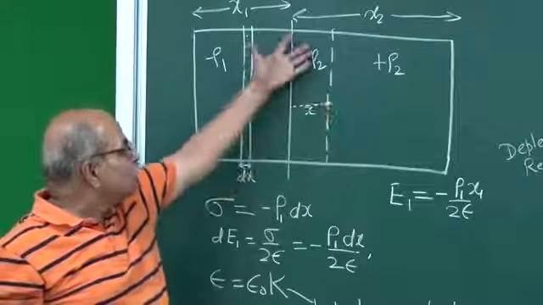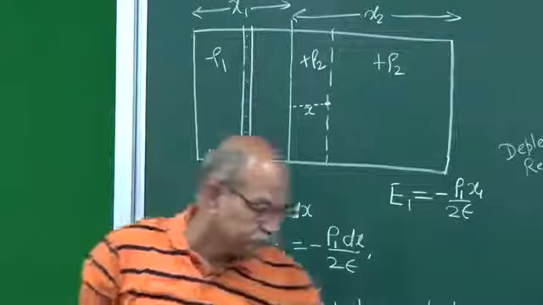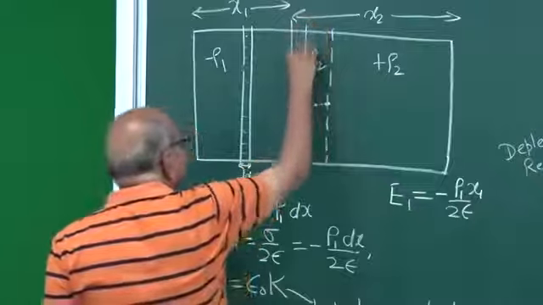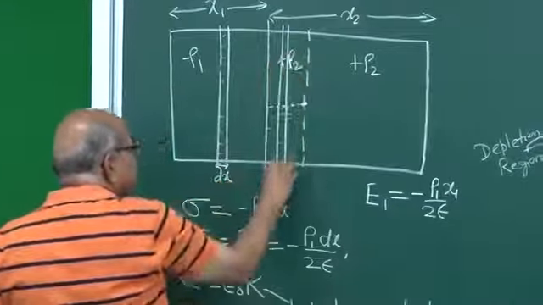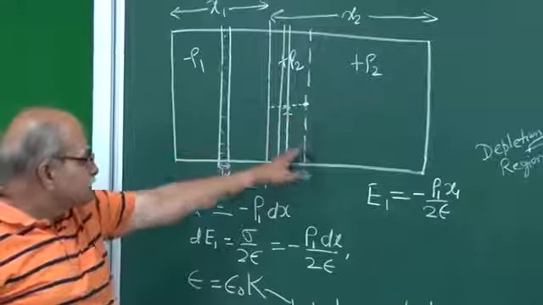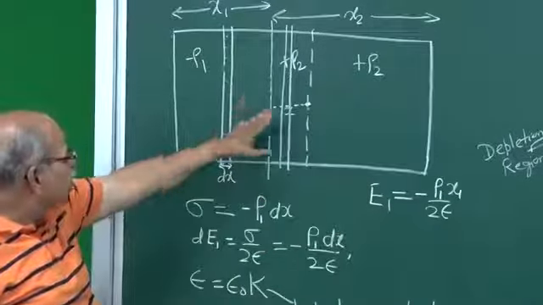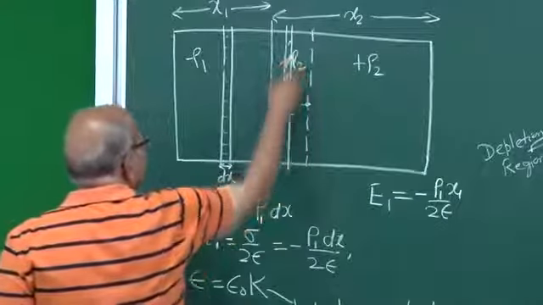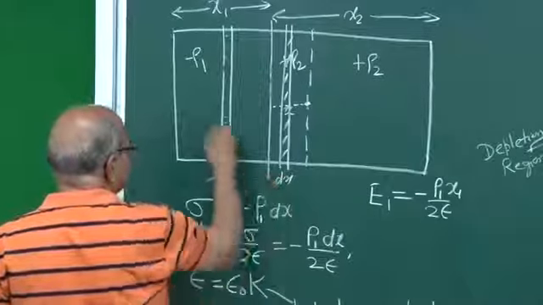Once again you can do a similar analysis, and here again you can take a small dx. By the way, this was negative charge, so the electric field that we have calculated has the minus sign, so it is towards the left. Now this is the width dx I am taking, and this part is over.